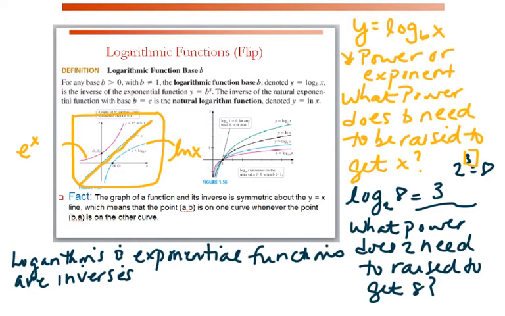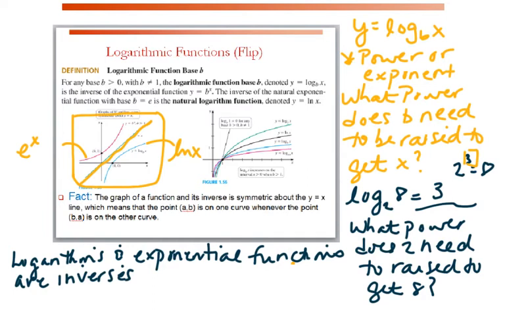So a couple things graphically that I want to point out here is that as b increases, the graph itself gets closer and closer to the x-axis. Let me just try and point it out.